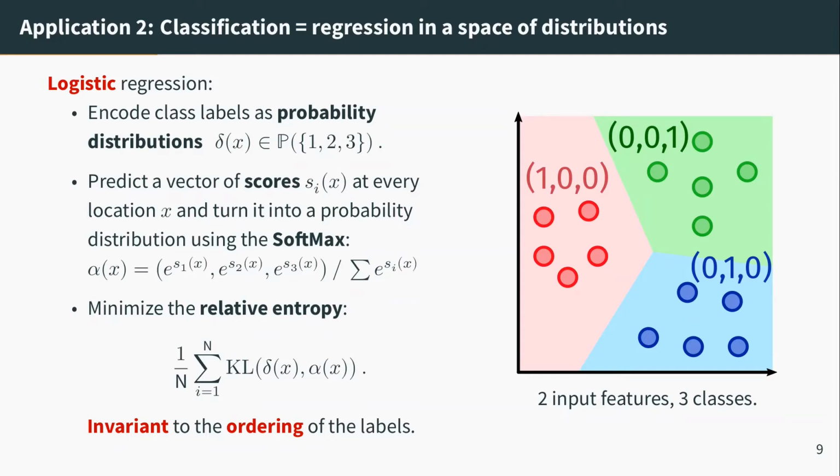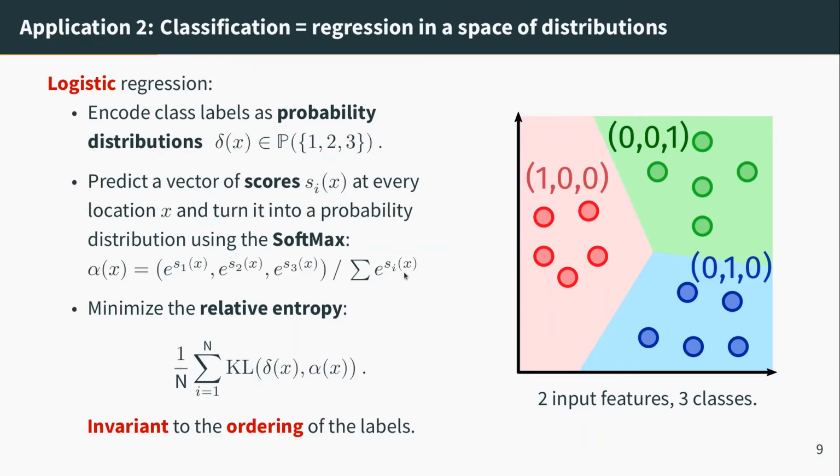Okay, and the good thing about the exponential is that it's fairly easy, using an exponential, to express probability distributions that are very close to being saturated, like very close to 1, 0, 0. Because with the exponential, for instance, if S1 of X is much larger than S2 of X and S3 of X, like if the gap between S1 of X and S2 and S3 is like 10, then by applying the exponential you completely crush S2 and S3, and so you recover something that really looks like the perfect probability distribution that you want.